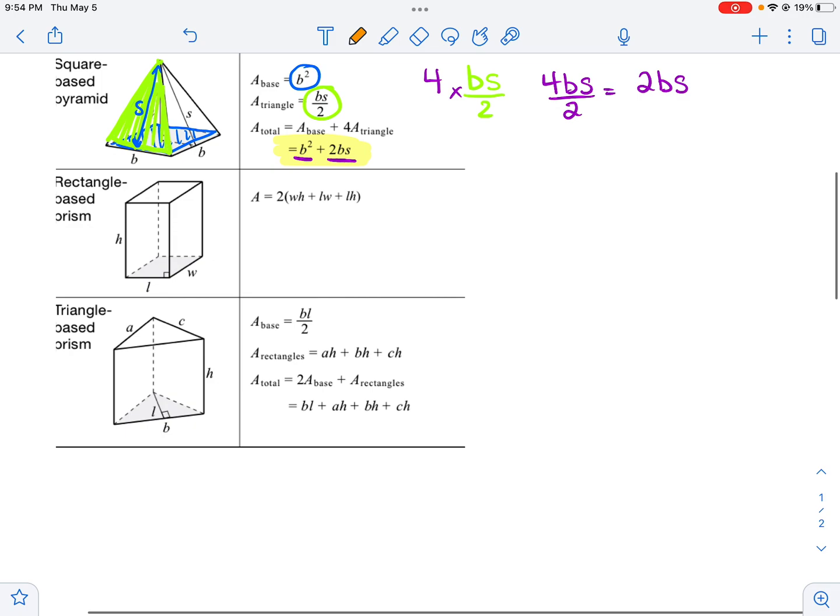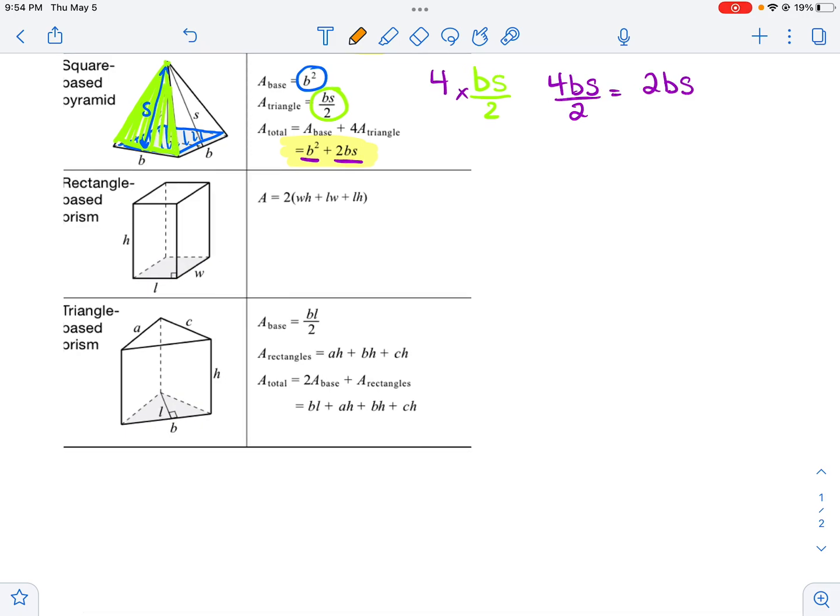Okay, rectangular prism. A rectangular prism has 6 sides, so it has pretty much 3 sets of sides that are the same. These sides that are across from each other here, the top and the bottom, are the length times the width. So you have 2 length times widths because you have this one and you have this one.